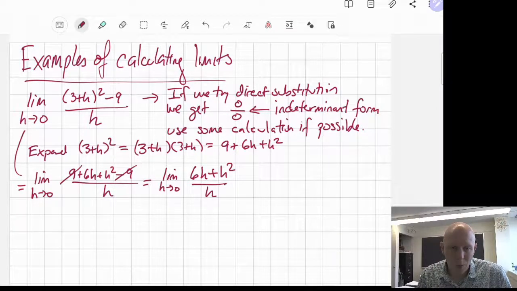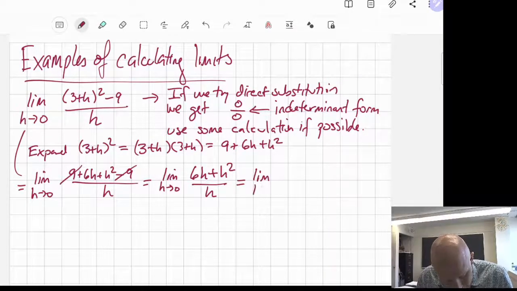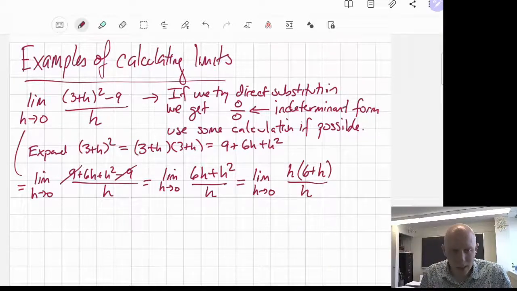Now, in order to simplify this, we can see that we can divide by h in the numerator and the denominator. But let's be careful about that. So we get the limit as h goes to 0. We'll factor out an h in the numerator, h times (6 plus h), divided by h. And now here comes where we're using the fact that we have a limit.